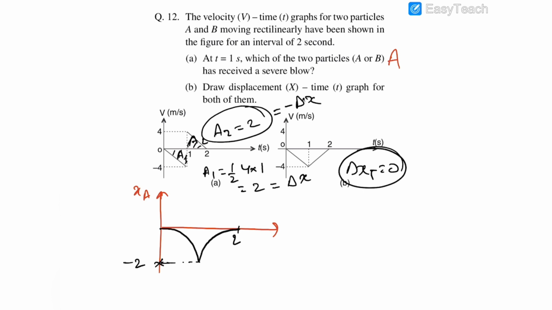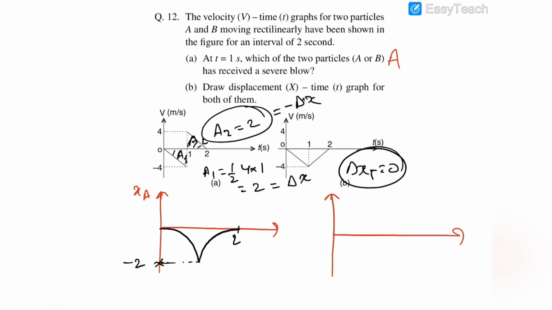This is 2 seconds. Okay, and now if we trace the graph of particle B, we can see that the velocity-time graph of this particle B is a straight line going in the downward direction.